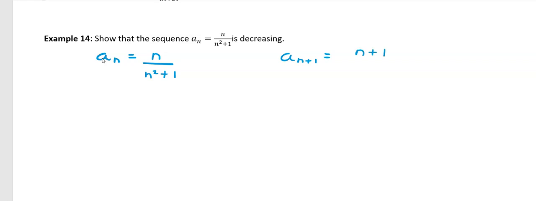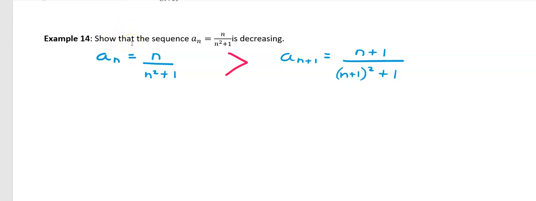So that would look like n plus 1 in the numerator over n plus 1 quantity squared plus 1 in the denominator. Now, in order for it to be decreasing, based on our definition, our current value needs to be greater than our next value. So the current value is larger and the next value is smaller, and then the next value is smaller and so forth. So that's what it means to be decreasing.